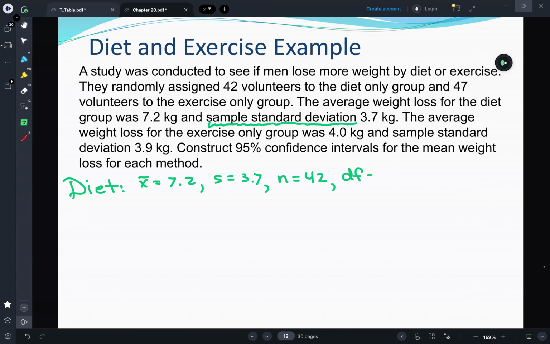Degrees of freedom would be equal to 41, right? It's always N minus 1. And our critical value T star on 41 degrees of freedom, we need to go to the table to get that. So it's two confidence intervals, one for diet, one for exercise.